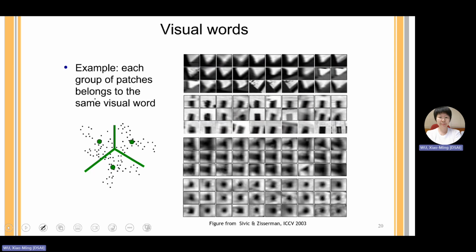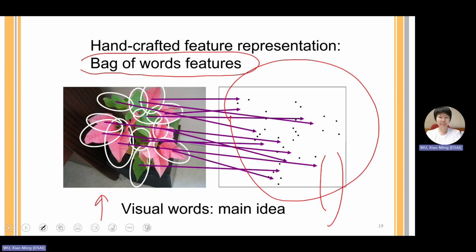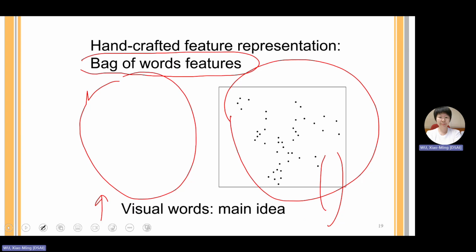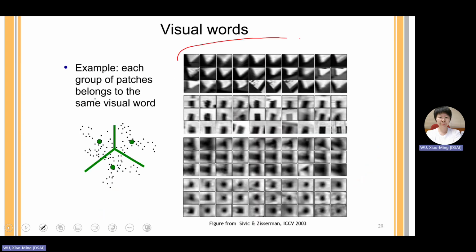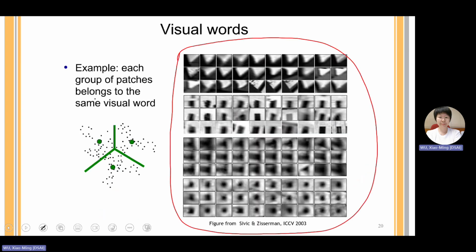For example, we extract a few patches from this image. These are the image patches extracted from a set of training data, and each patch is represented by a vector.